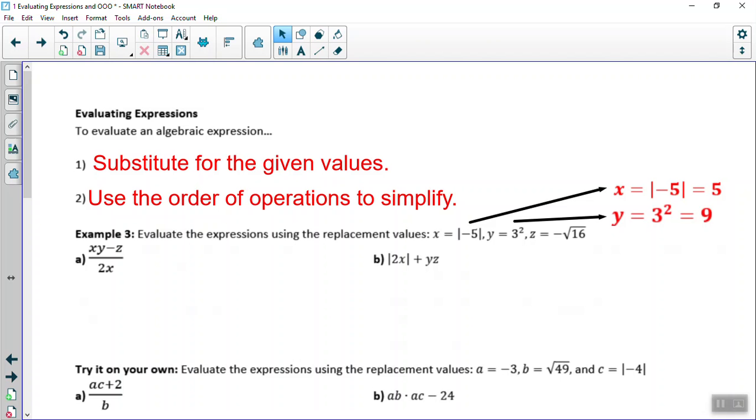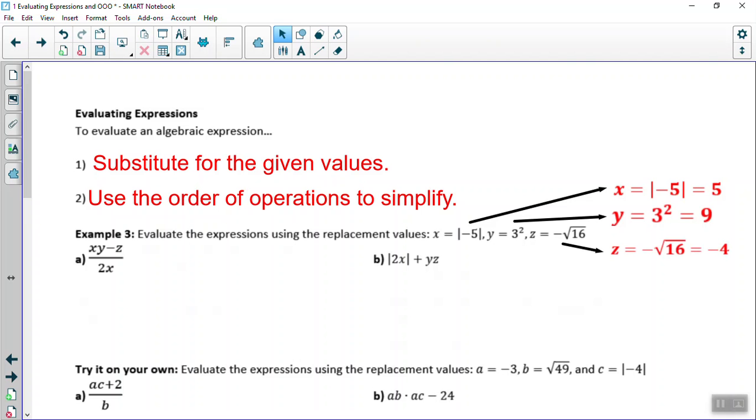So for y, we'll actually substitute in the value 9. And then z equals the negative square root of 16. Well, we know that the square root of 16 is 4, so the negative square root of 16 would be negative 4. All right, so those are the 3 actual values that we're going to substitute in.